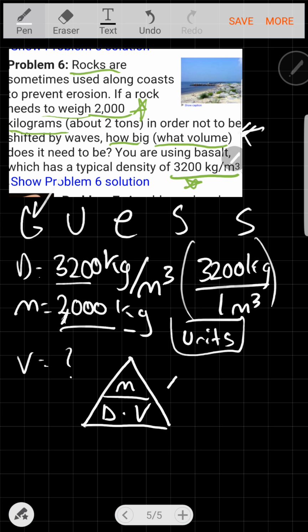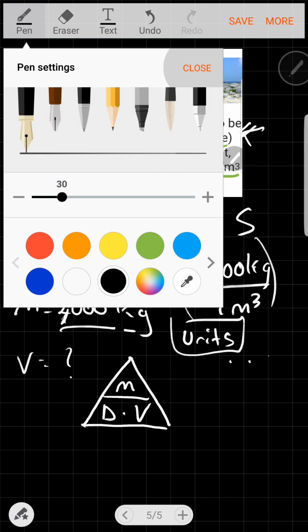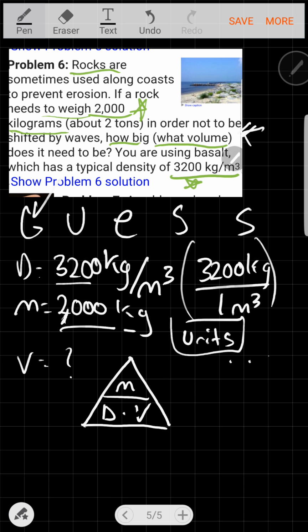Now this is a fraction bar. That line over here shows division. So that's what's being divided. And what is the volume going to equal? If I cover up the volume, I don't know it.